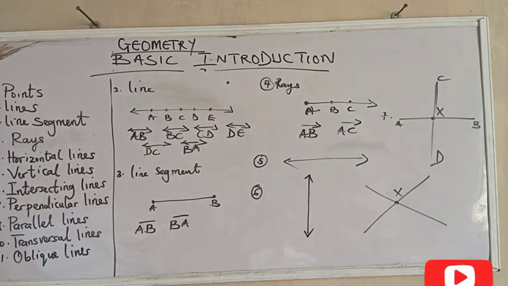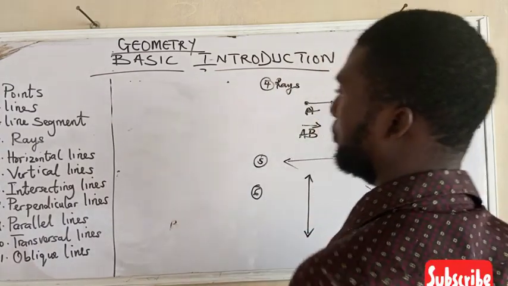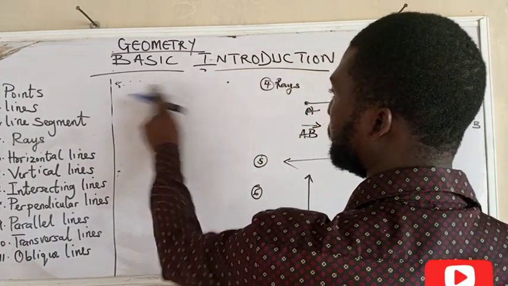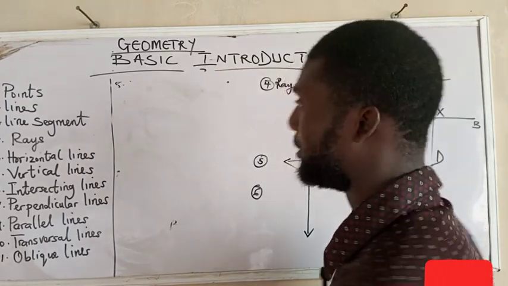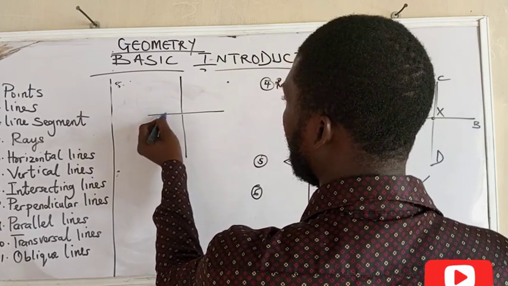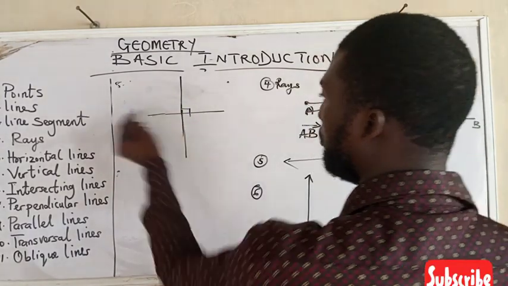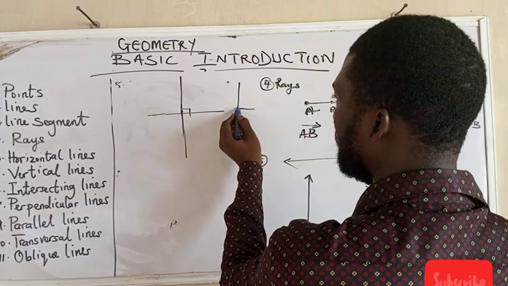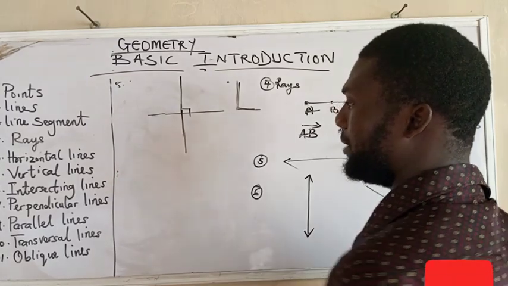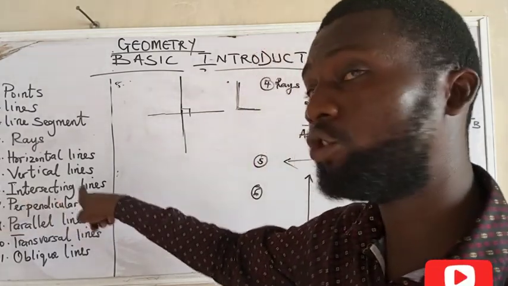From there we'll move on to perpendicular line. A perpendicular line is also a form of intersecting lines, but in this case, a perpendicular line forms what is called a right angle. That is, it forms a kind of shape, L. So this perpendicular line is a special type of intersecting lines, unlike number 7 here, when we were treating intersecting lines.